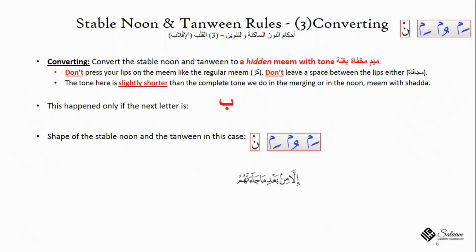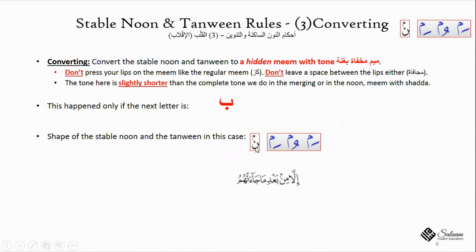So again, to recap all the information we have. When we have ba after stable noon and the tanween, you will convert the stable noon and the tanween into a hidden meme with tone. So you will convert it to a meme, you will perform a tone, you will not press your lips against each other, and you will not leave any space between your lips while saying it, right?